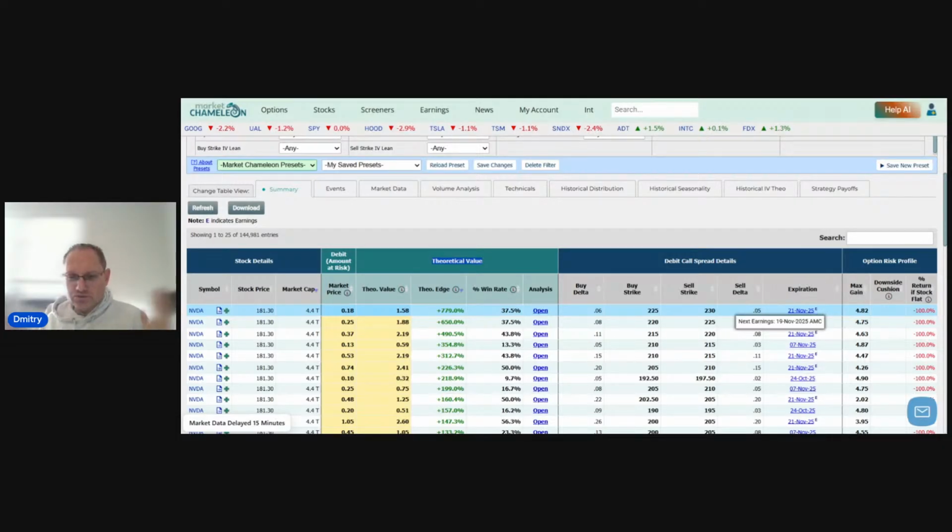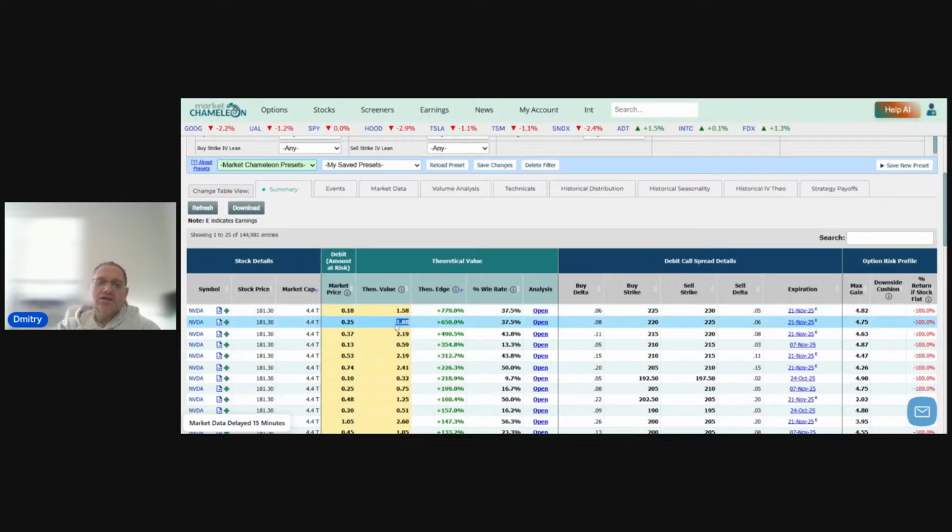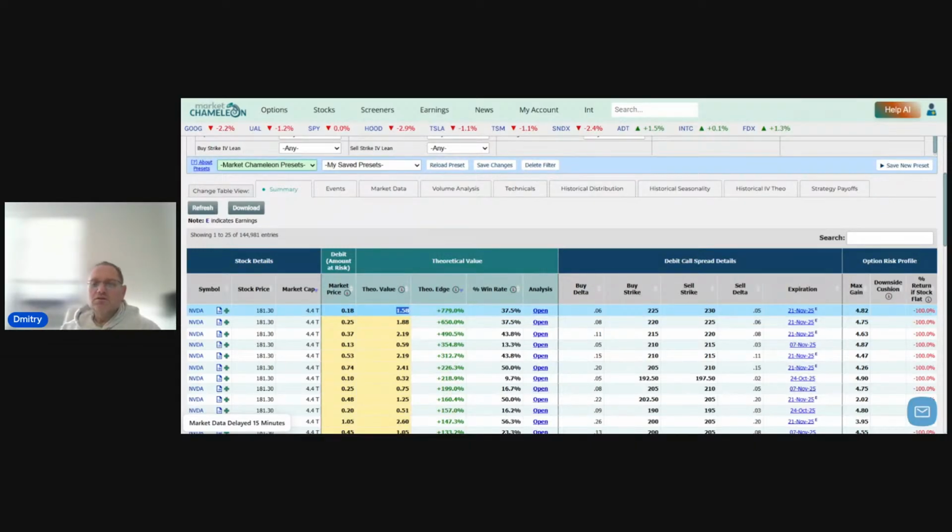All right, so that's what we're doing, just using historical moves as our initial benchmark. So you could see here, then we get these values, like $1.58, $1.88, $2.19. So now we could compare, well, based on how NVIDIA moved historically, in theory this spread on average would be worth this compared to now.